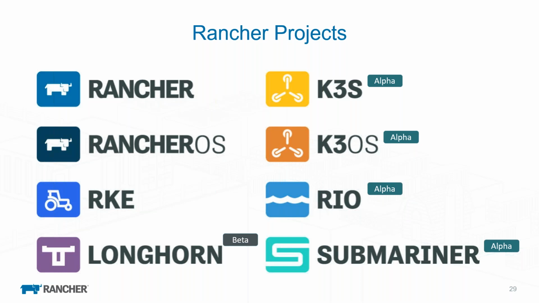Longhorn, the Rancher open source storage service, is currently in beta. It is being discussed for contribution to the CNCF. So there's a proposal to provide that as a CNCF storage service, and hopefully that will make its way through the sandboxing project in the next month or two.